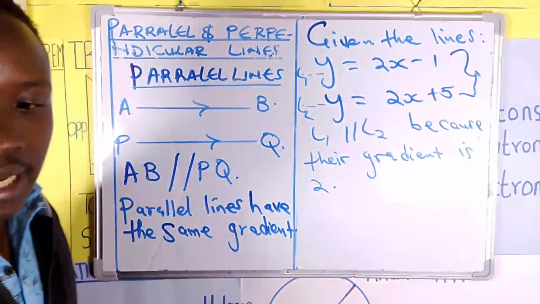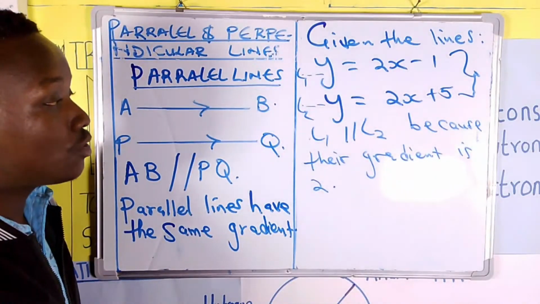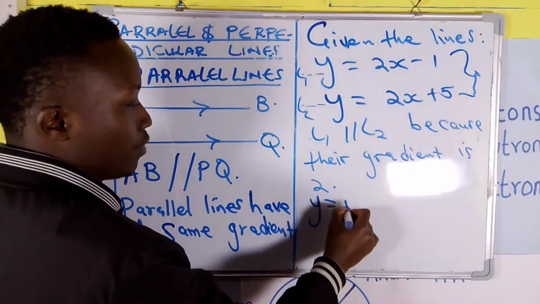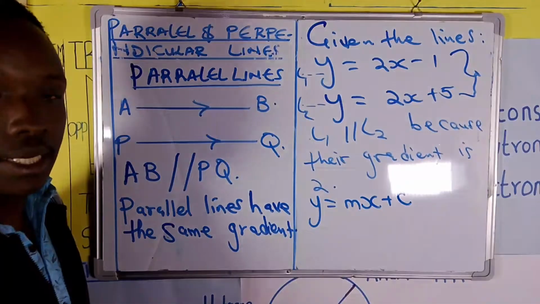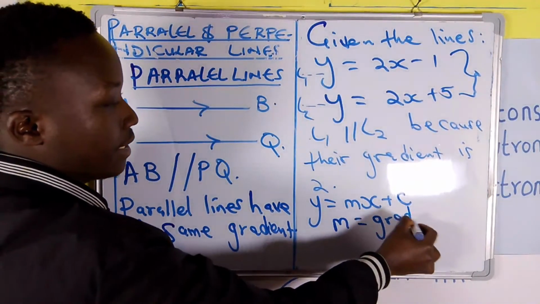Why are we saying that their gradient is 2? Remember the general equation of a straight line is y is equal to mx plus c, where m is the gradient.